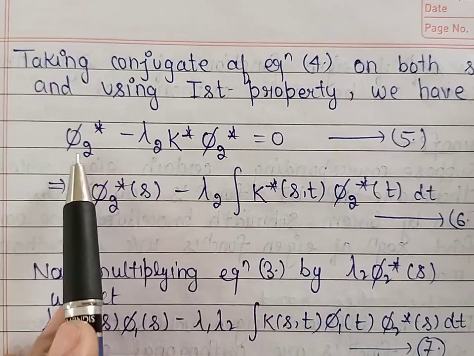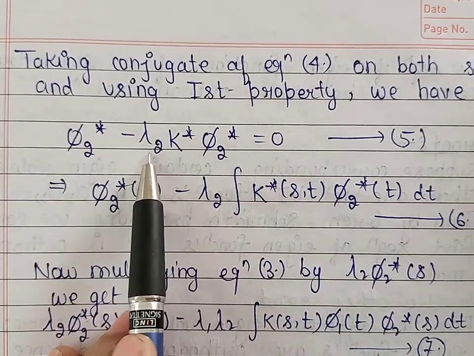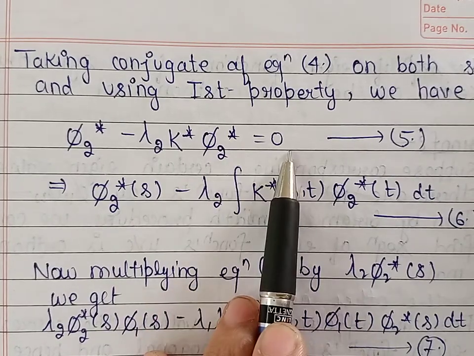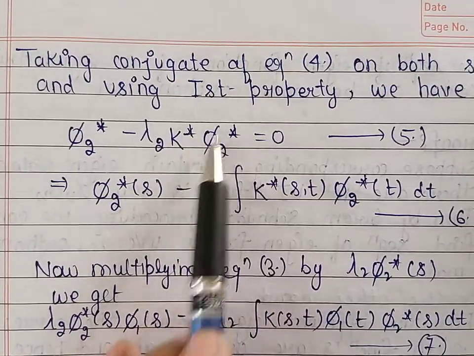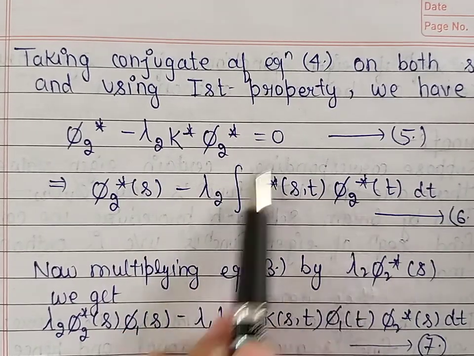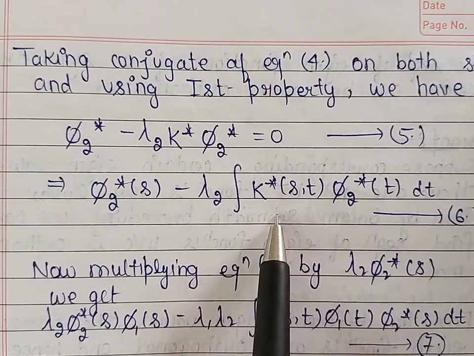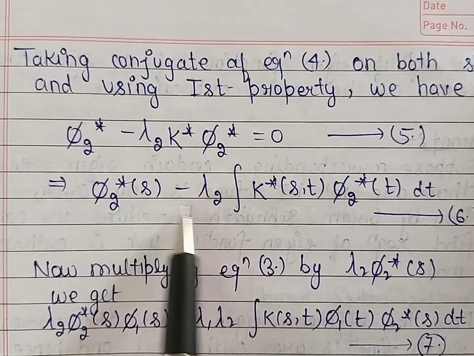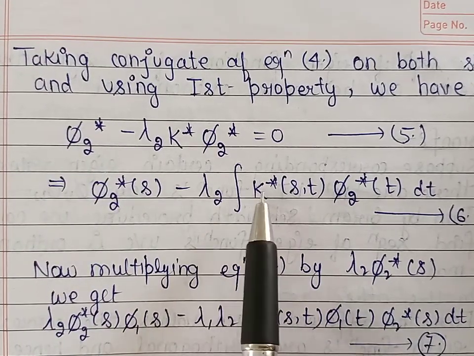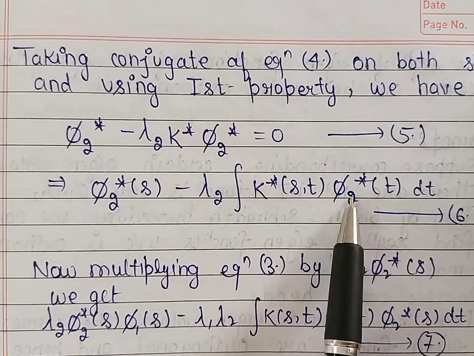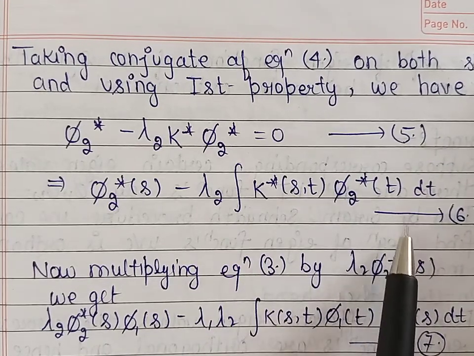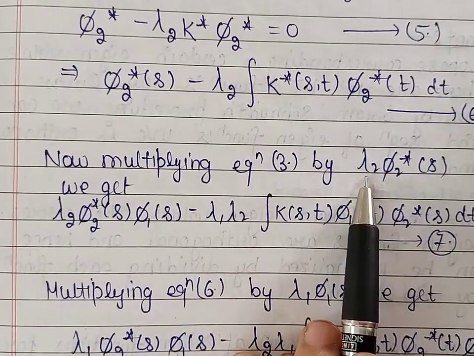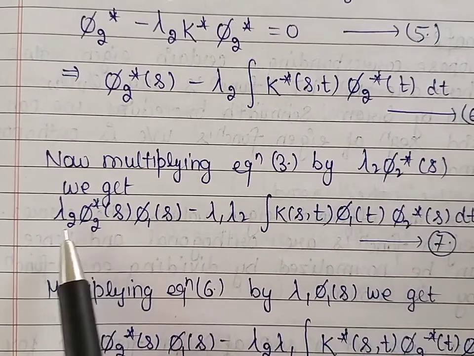So we get phi 2 conjugate minus lambda 2 K star phi 2 conjugate is equal to 0. Now let us write K star phi 2 star using the definition of the operator K star. This becomes phi 2 star(s) minus lambda 2 times the integral of K star(s,t) phi 2 star(t) dt.